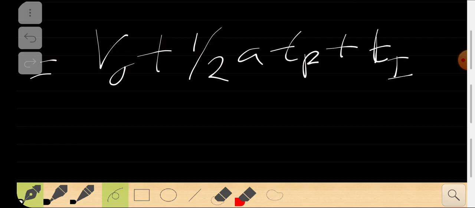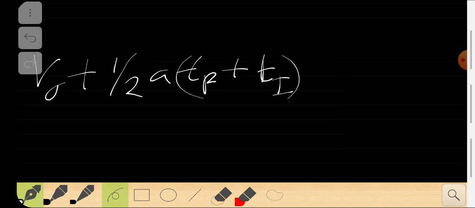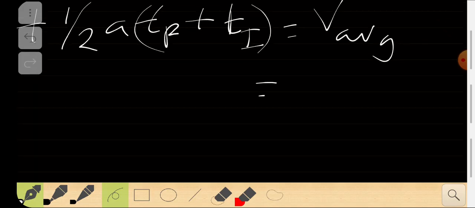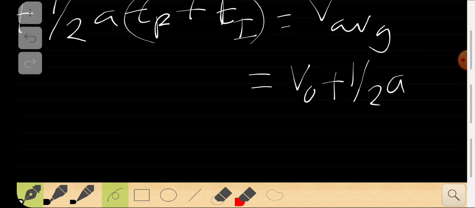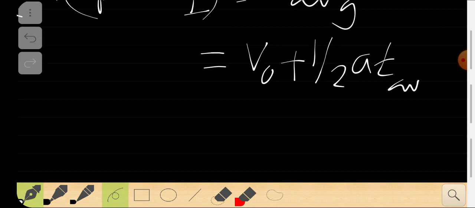So that's what you get. This is the average velocity, v average. So you understand that v average will be equal to v0 plus half a t average.